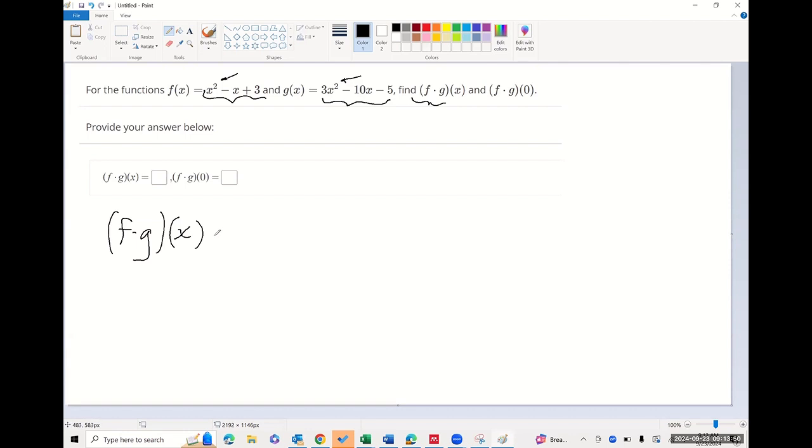So when you multiply the two functions, you're multiplying the two polynomials. And they're really trinomials, meaning there are 3 terms, and both of them are trinomials.